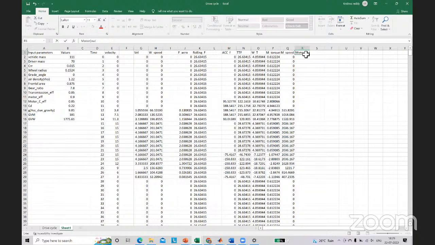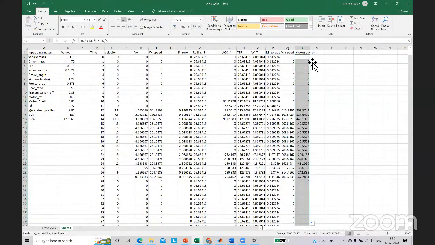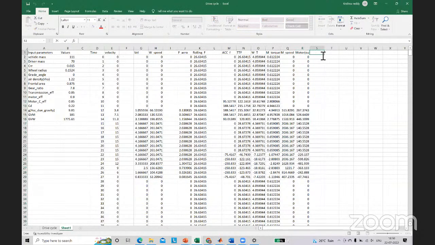I'll just write it out as P. So 2 pi, that is 3.142, 2 pi N T, that is motor speed and torque, multiplied with speed divided by 60. Say enter, which will be in watts.